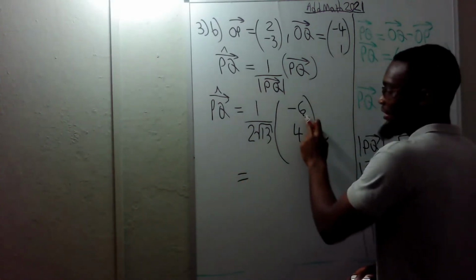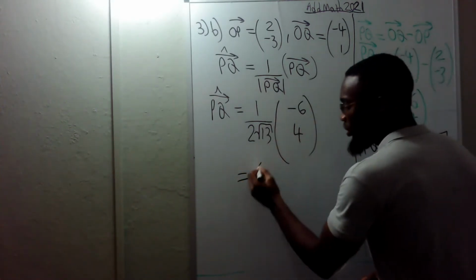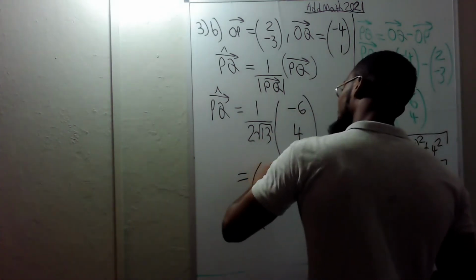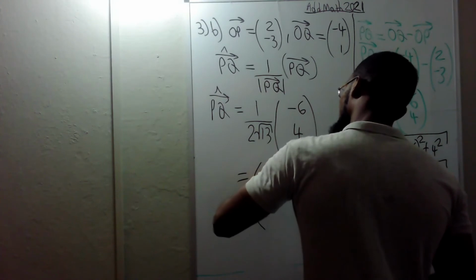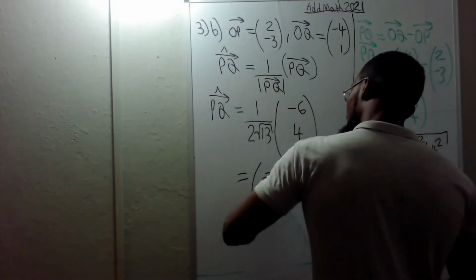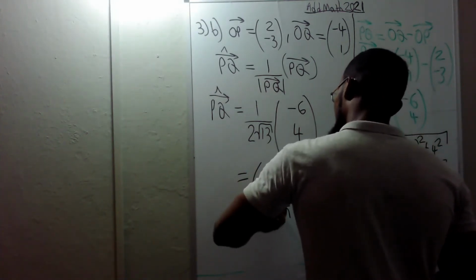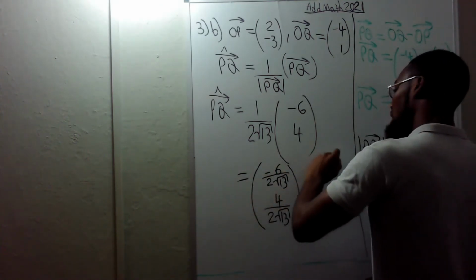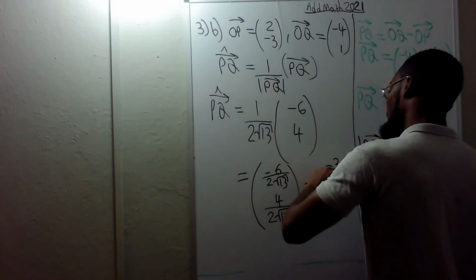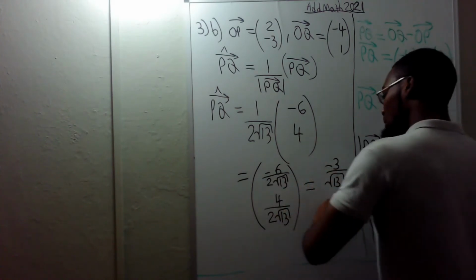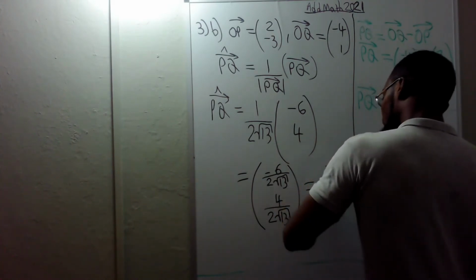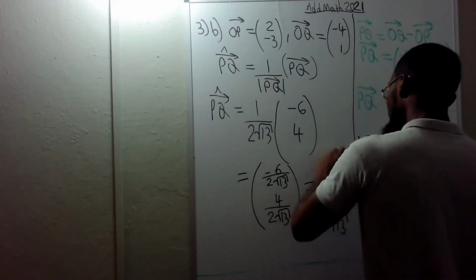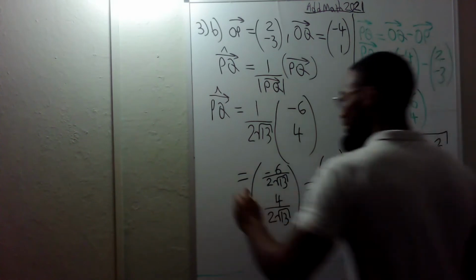When you multiply it in, this becomes negative 6 over 2 root 13, then 4 over 2 root 13. Negative 6 over 2 is minus 3 over root 13, then 4 over 2 is 2 over root 13. That's the unit vector of PQ.